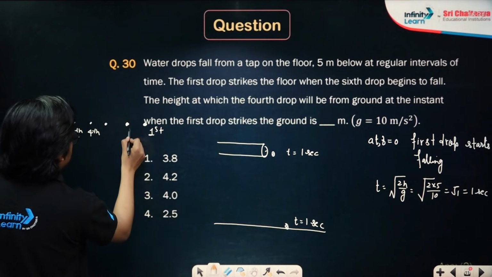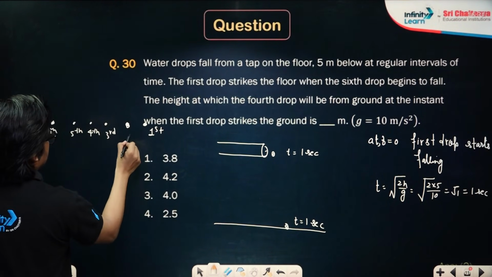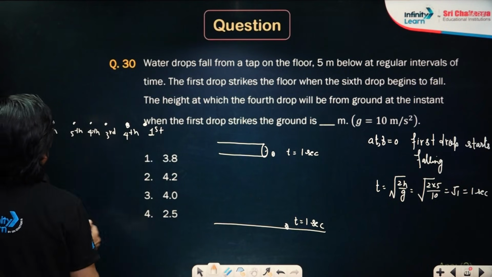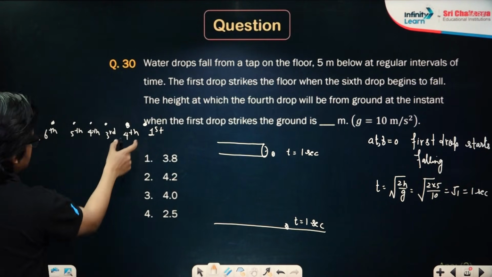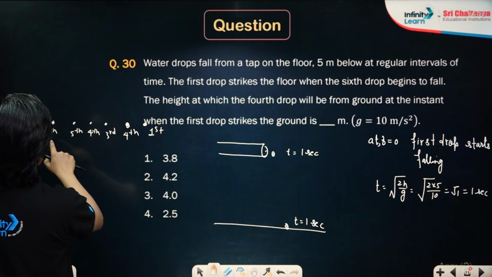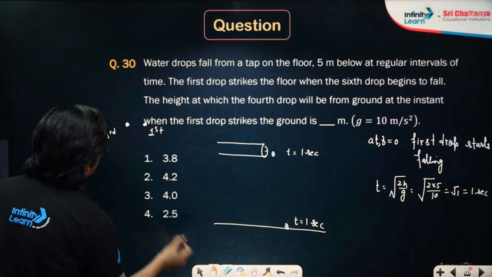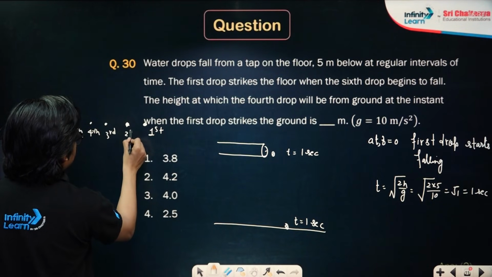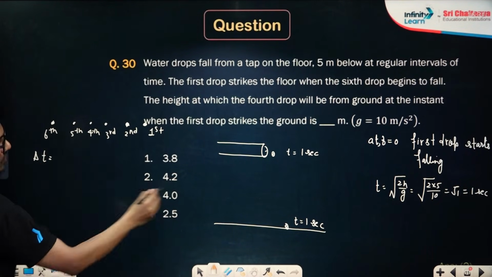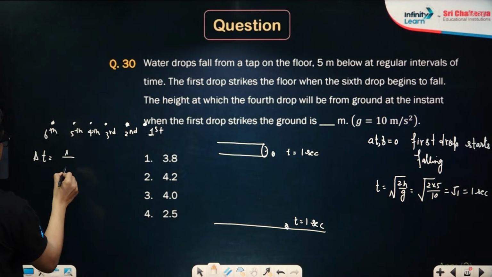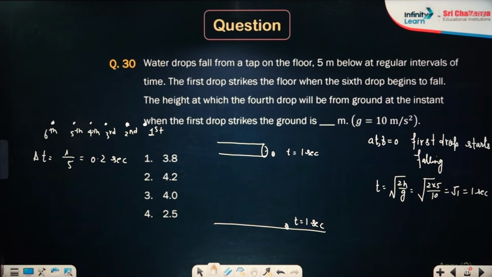So this time interval I can divide into 5 intervals. The time gap delta t between each of the consecutive drops is given by 1 by 5, which is equal to 0.2 second.